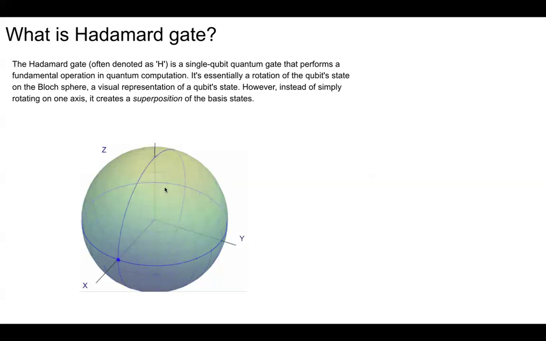Now here is a visualization in a Bloch sphere, wherein you have these three axes, x, y, and z, and you can see that the qubit can rotate in any direction. So it creates a superposition of the basis states, the basis states of either 0 or 1.